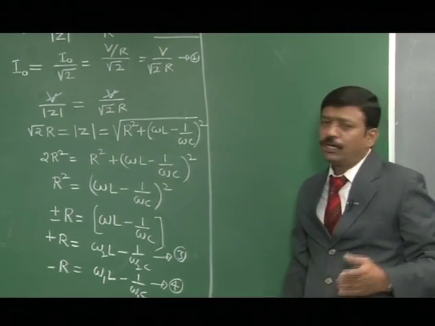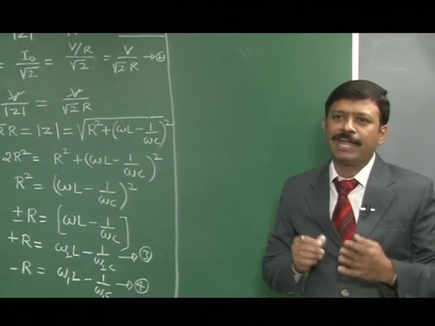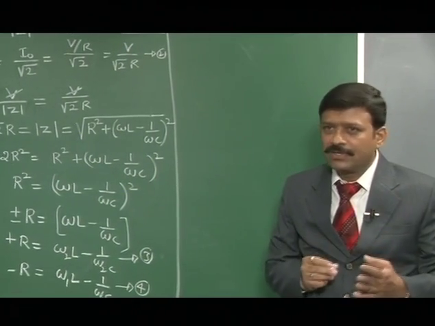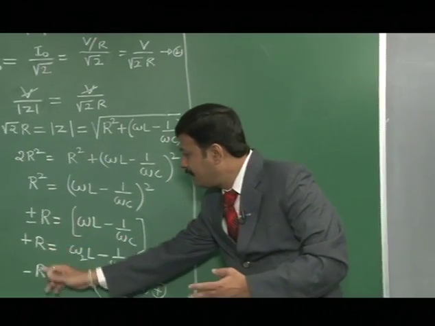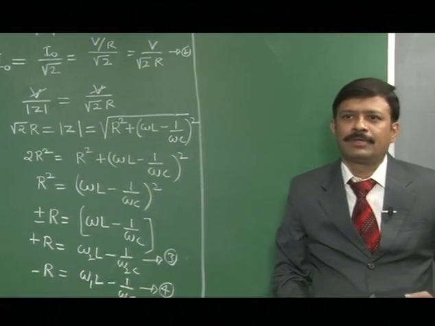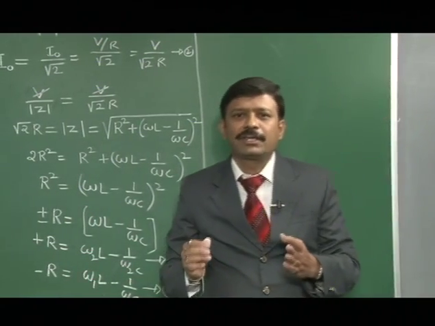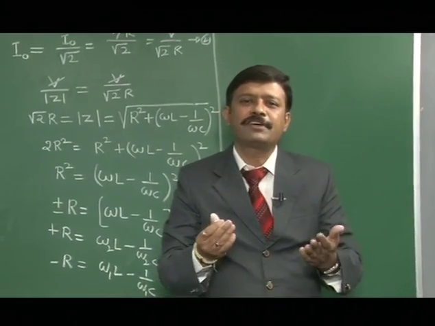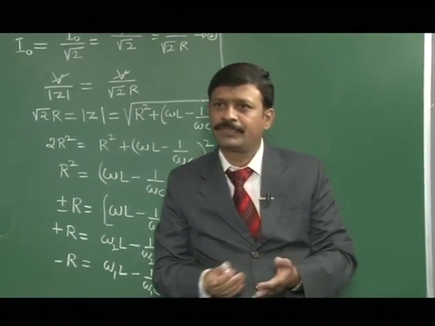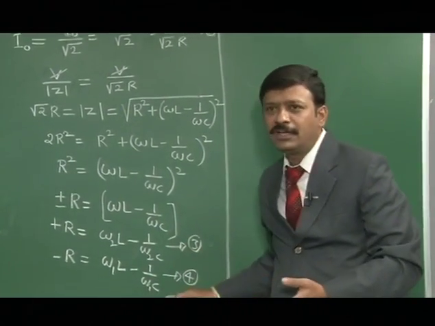Now, in order to get the bandwidth expression, first we have to add these two expressions, later we have to take the difference of these two expressions. First, add equations 3 and 4.